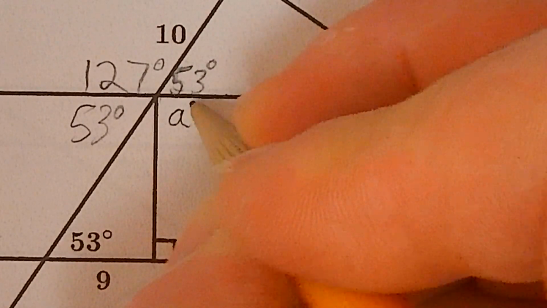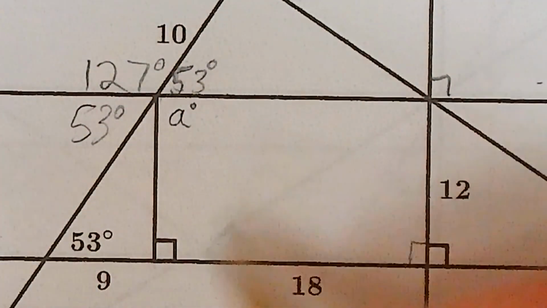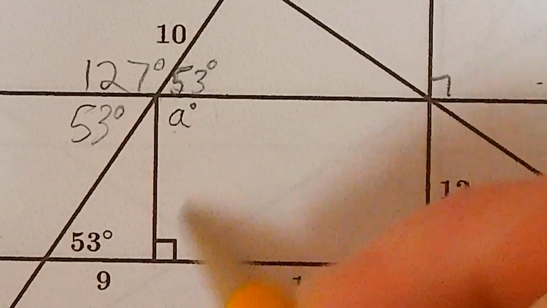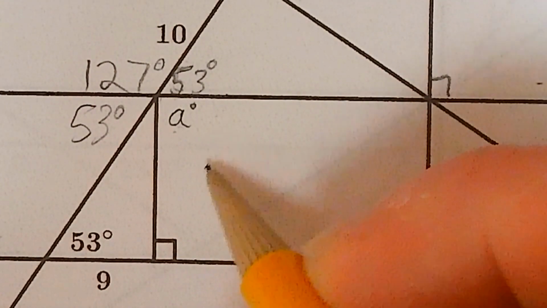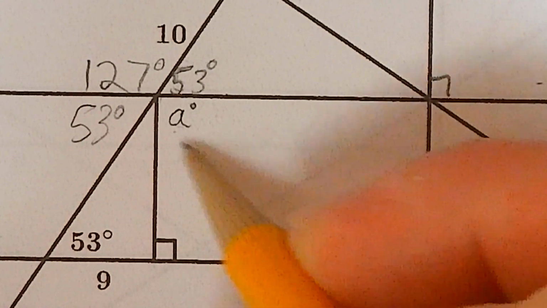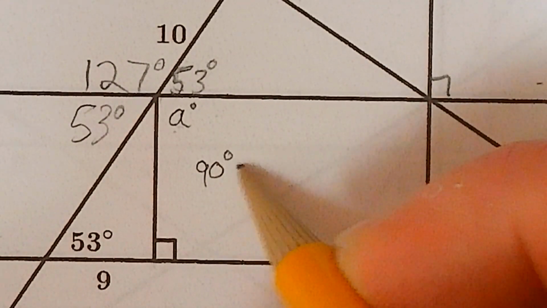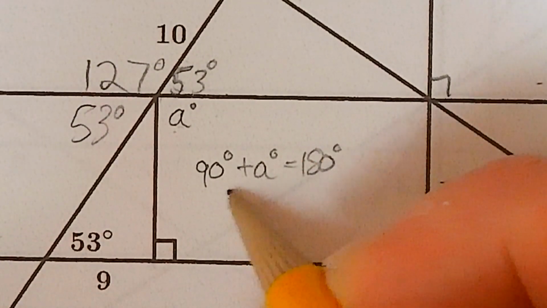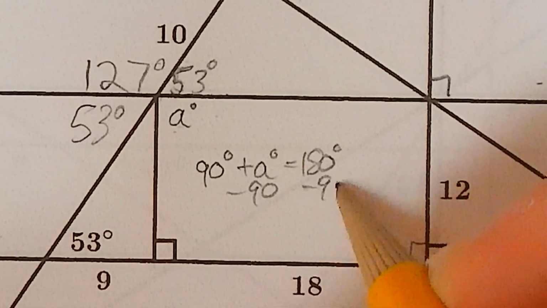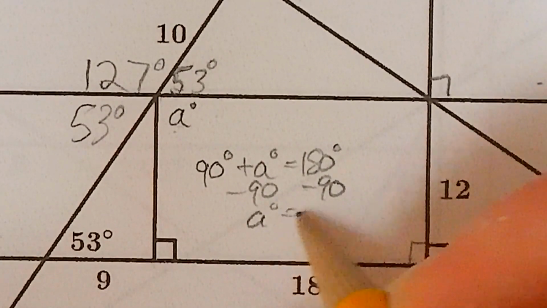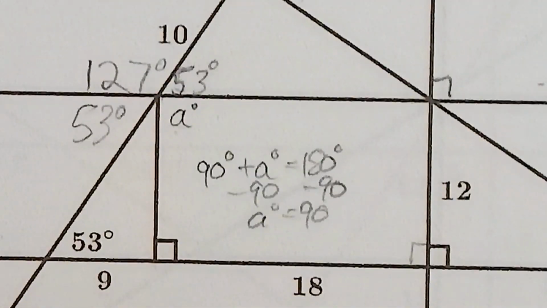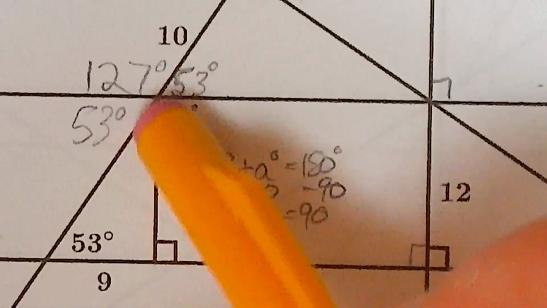I'm going to call this angle A. We know these add up to 180 because same side interior supplemental. 90 plus A equals 180, A equals 180 minus 90, A equals 90. Doing some algebra there.